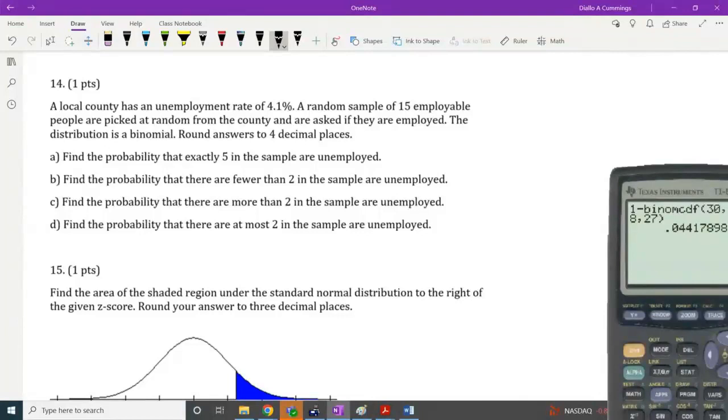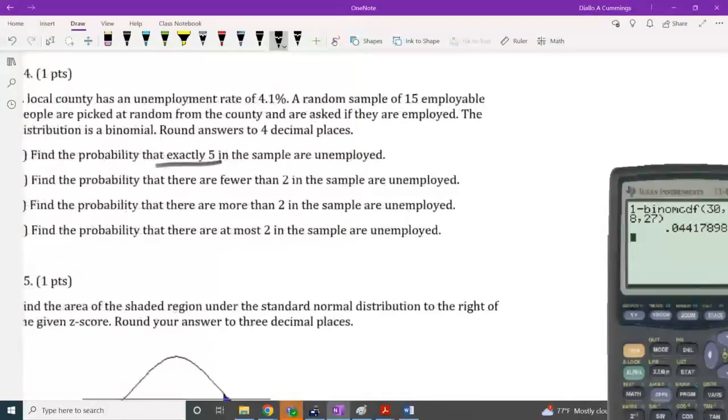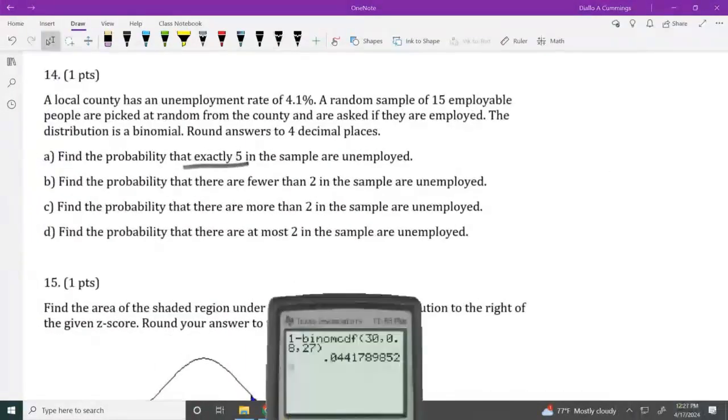The distribution is binomial. Round your answers to 4 decimal places. All right, so A says find the probability that exactly 5 are unemployed. Since this is an exact probability, we're going to use the PDF, right?